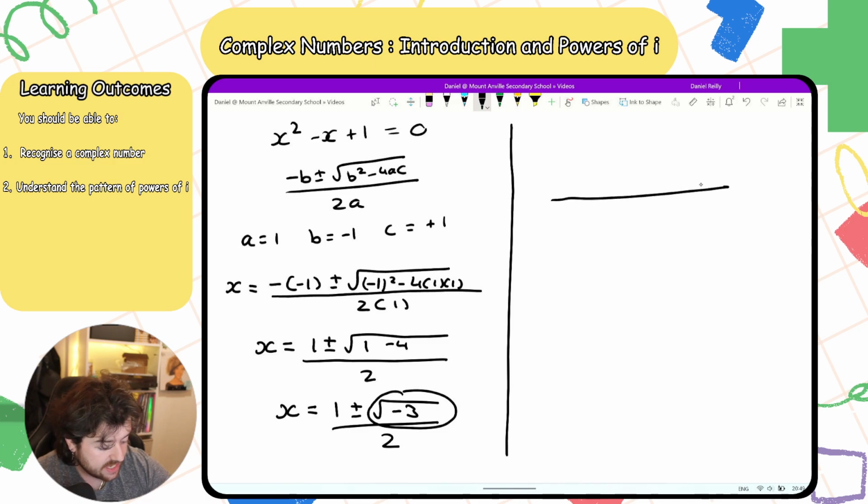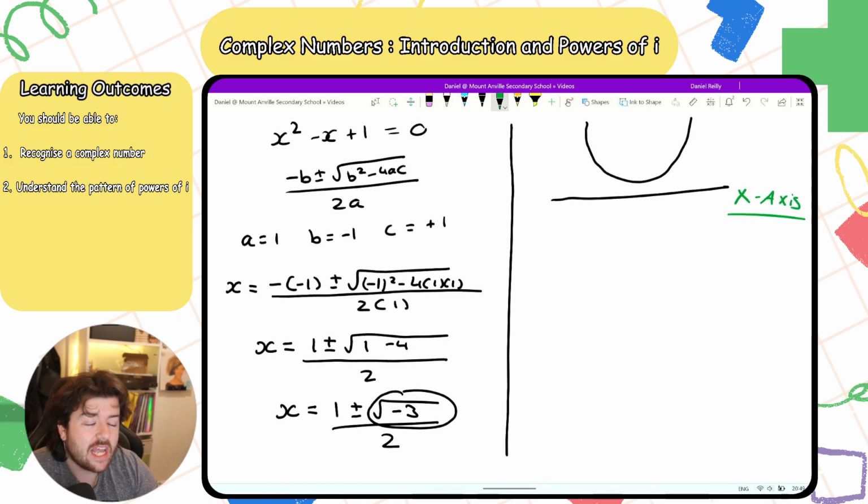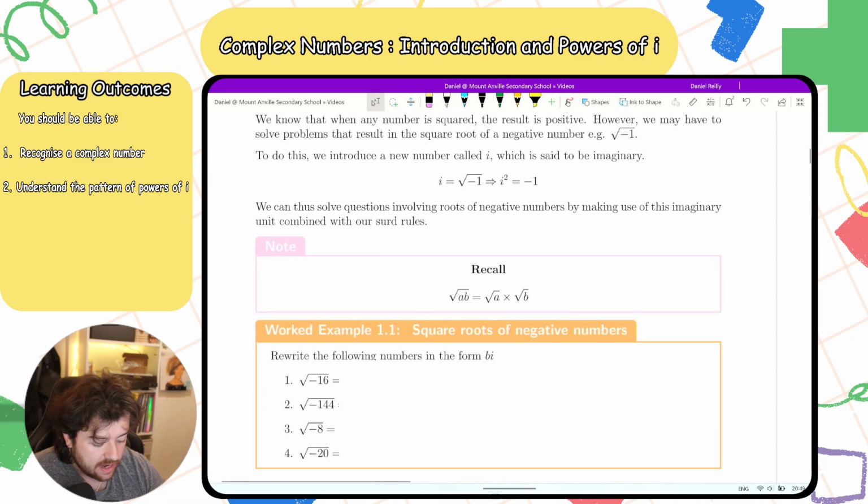This is my x-axis. Notice that this quadratic does not cross the x-axis, so we say it doesn't have any real roots, i.e., I'm going to have a complex root. I'm going to show you now how we get rid of this root negative 3 here.